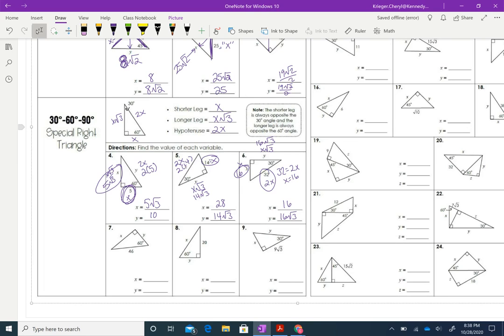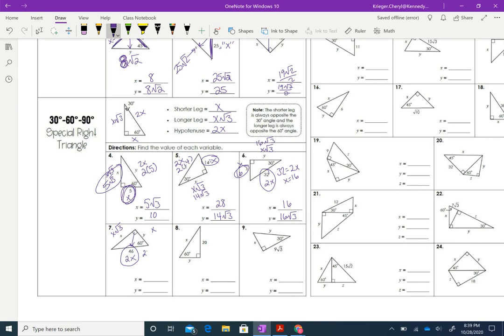All right, so number 7, they give us the hypotenuse. So that's 2x. The shortest side is x, and the longer leg is x root 3. So in order to find y, which is our x, we have to find what x is.